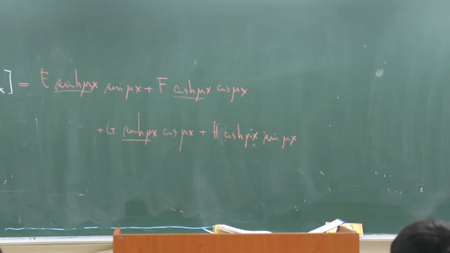So you have C1, okay, hypersine mu x plus hypercosine mu x with a C1 cosine mu x plus C2 sine mu x.